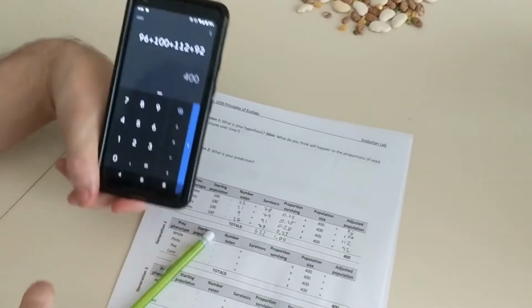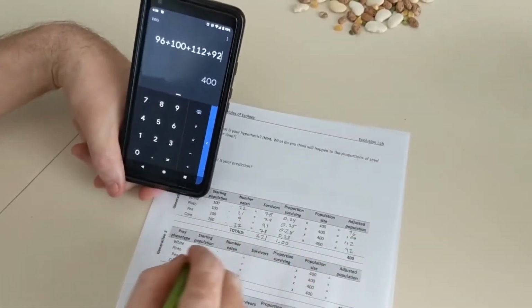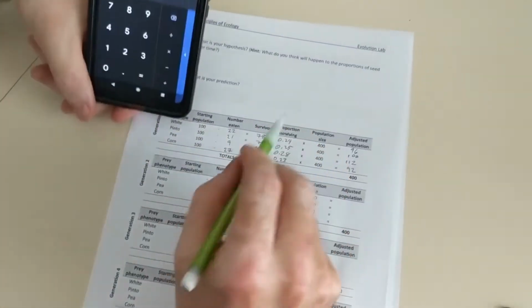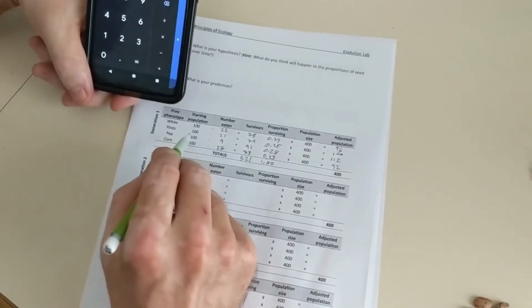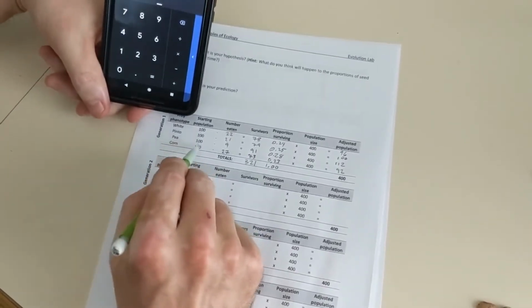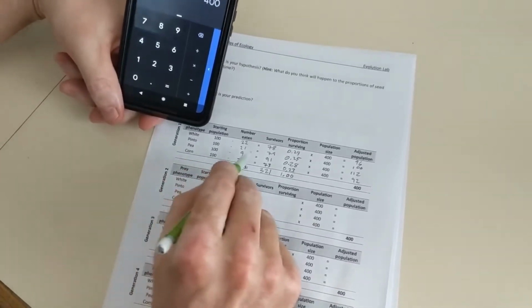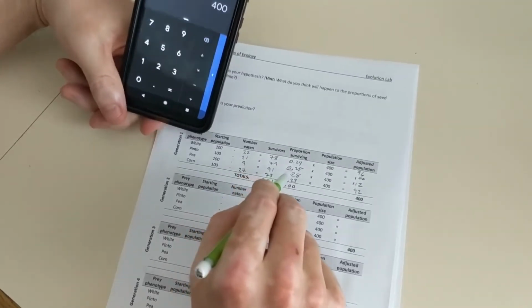It does equal 400. So now we're going to move this down to be our starting population for generation 2. So what happened here was you had a starting population of 100 of each trait in this population of 400. They were all adults. Some got eaten. The majority survived.